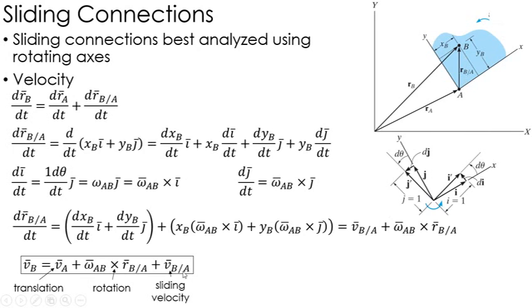With a sliding connection, those can move relative to one another, so I need to include that sliding velocity as well. I still have translation, still have rotation. I'm just adding this relative velocity of B with respect to A, which does equal something when I have a sliding connection. With pin connections, those stay at a fixed distance away, so that velocity is not there.